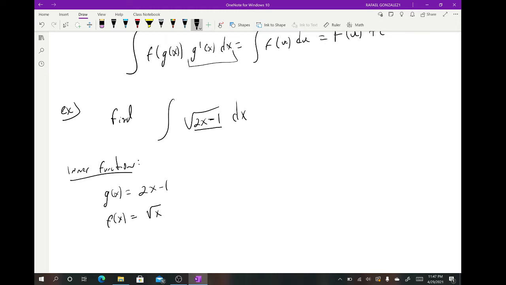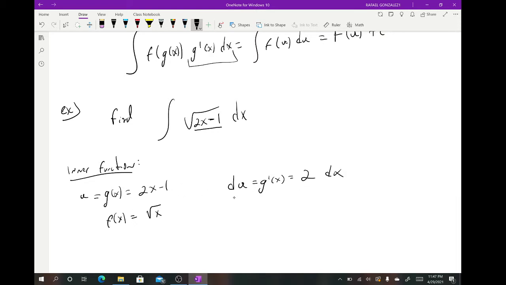Now, because we're saying that we're going to call g of x u, then what do we have here? du, the derivative of the inner function, so du is the derivative, g prime, is equal to 2. This is the only time that I'm going to do this in this way.